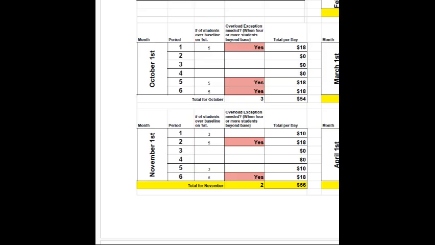But second period hopped up to being over by 5, and sixth period was still above by 4. So that qualifies for 4 overload exceptions because even though first wasn't any longer in overload, it still was in overload. And the same with fifth.